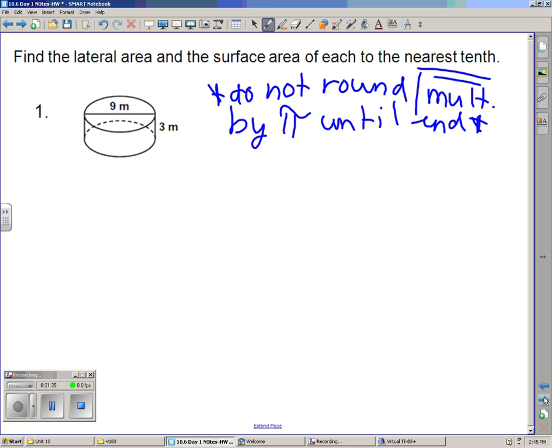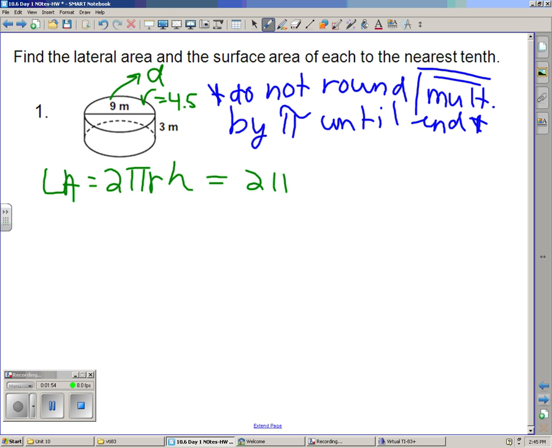The lateral area has the formula of 2 pi r h. Well, we know that if the diameter is 9, then the radius is 4.5. So lateral area becomes 2 times pi times the radius, 4.5, times the height of the solid.